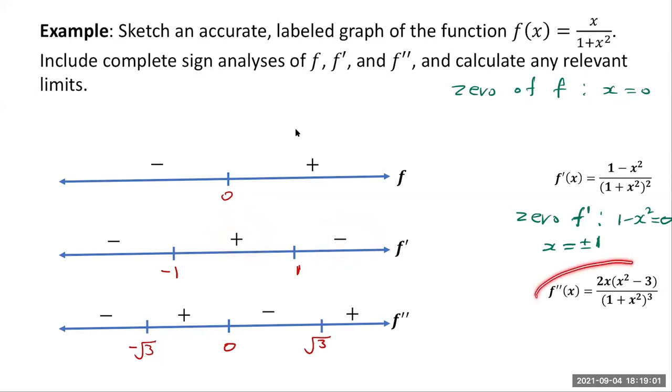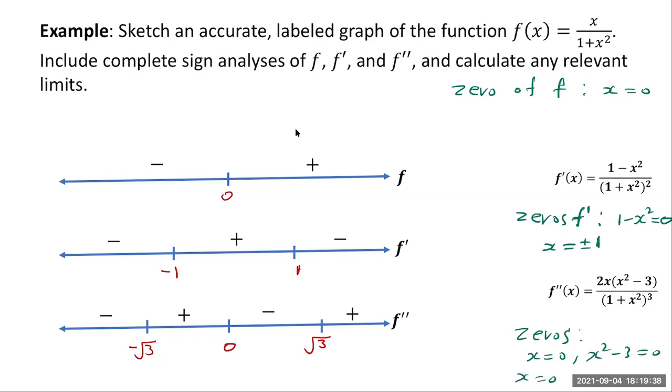And then I calculate my f double prime, the second derivative. You differentiate this function one more time to get the second derivative. Now I find the zeros of the second derivative. Notice that my second derivative function can also change the sign only at its zeros, because this function is continuous everywhere. Zeros would be x is equal to 0 and x squared minus 3 is equal to 0.